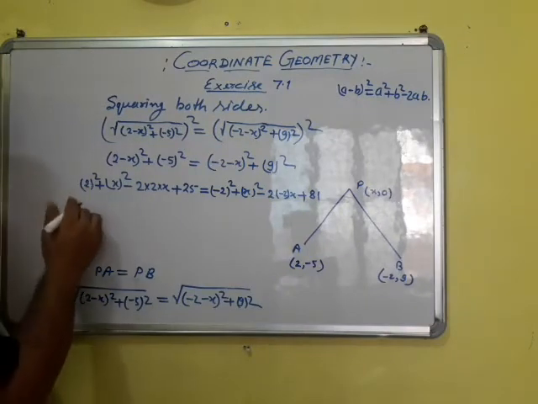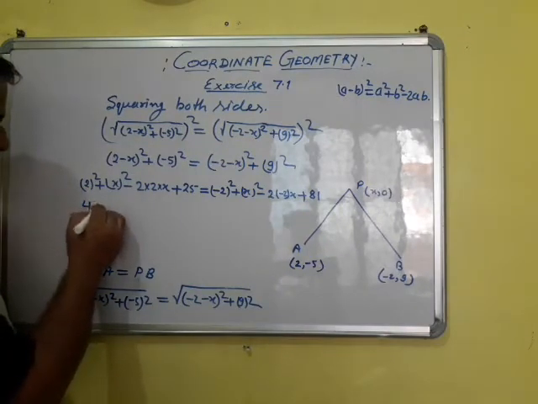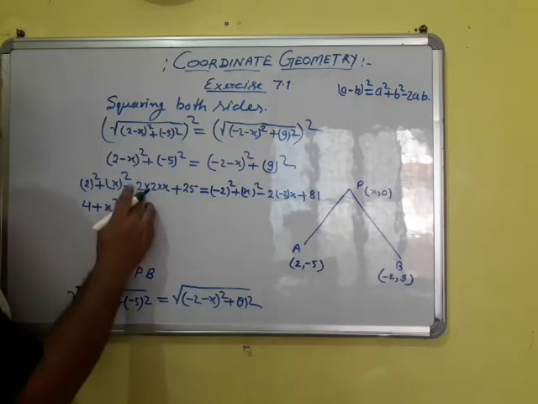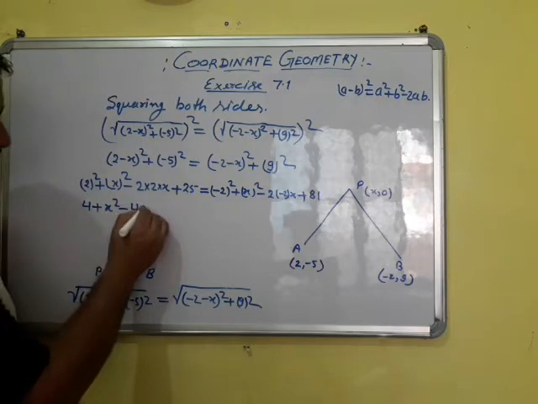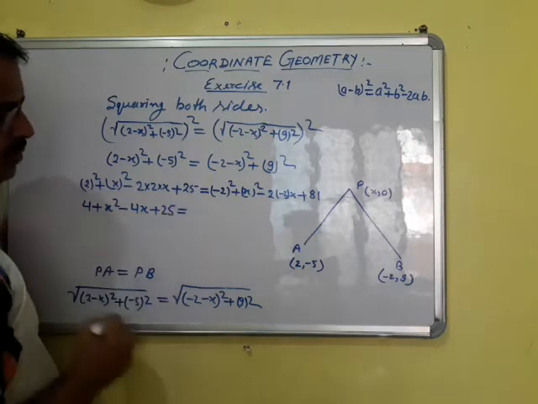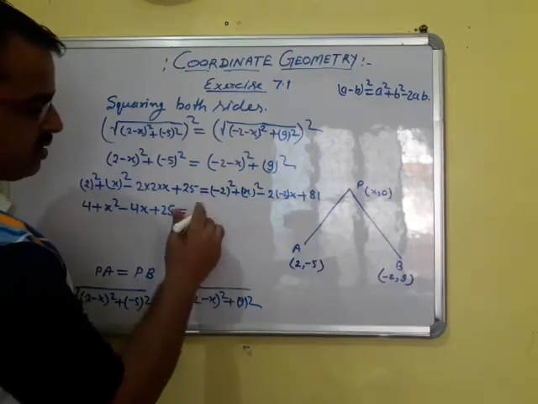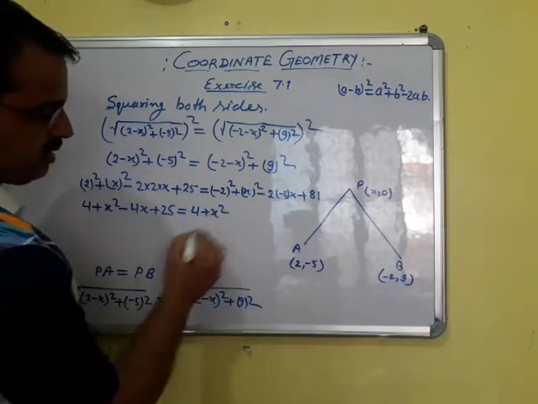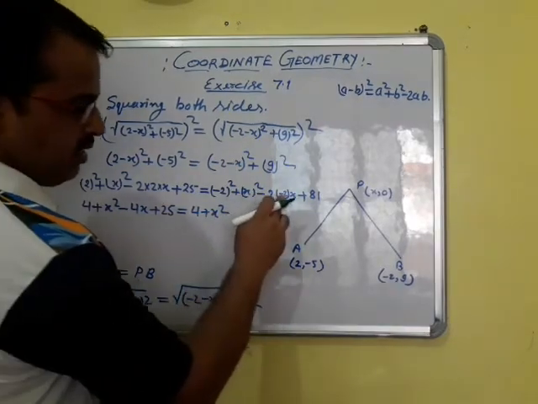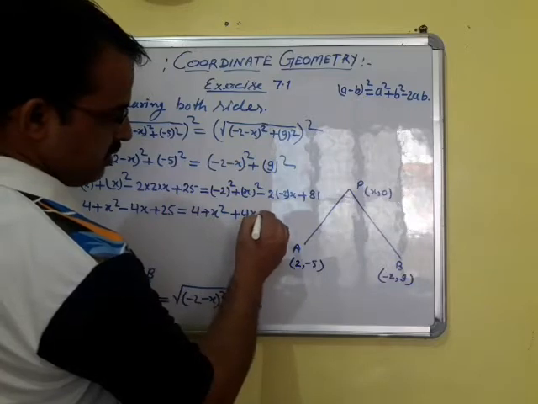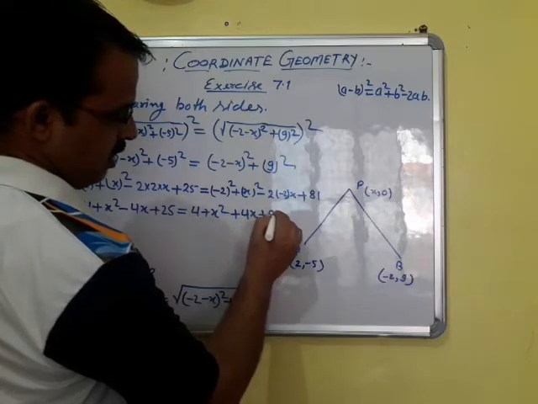So what do we get here? 4 plus x square minus 4x plus 25 is equal to 4 plus x square plus 4x plus 81.